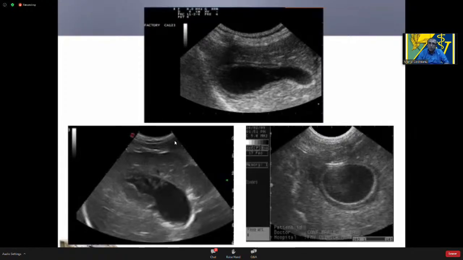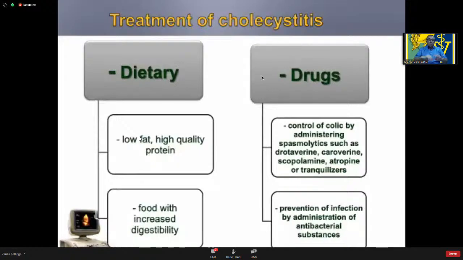We can see the presence of dots, desquamated cells, inflammatory cells and other microparticles in the content. It doesn't matter whether we use the transverse or the longitudinal incidence; it appears in its specific aspect. Probably all of you who deal with ultrasonography and ultrasound machines can easily detect and identify these parietal changes.